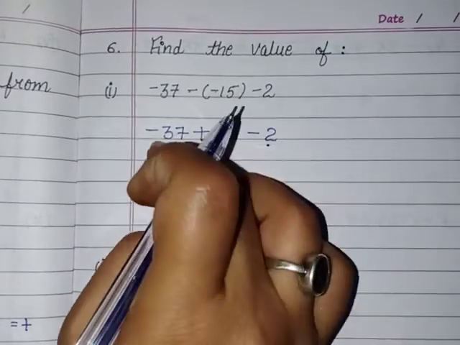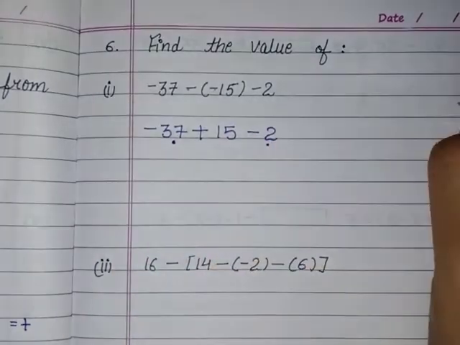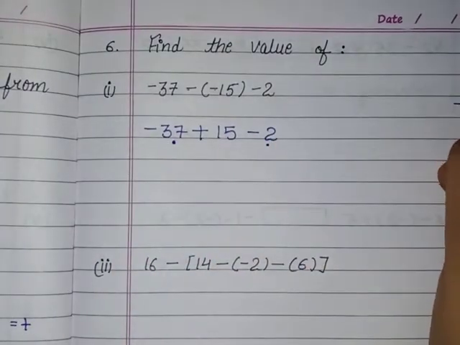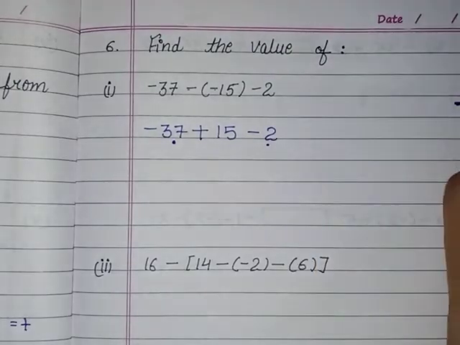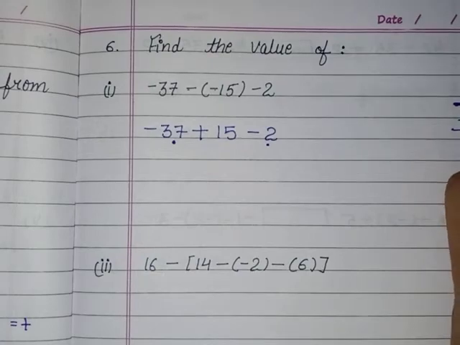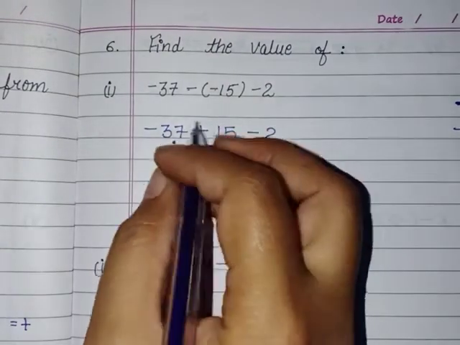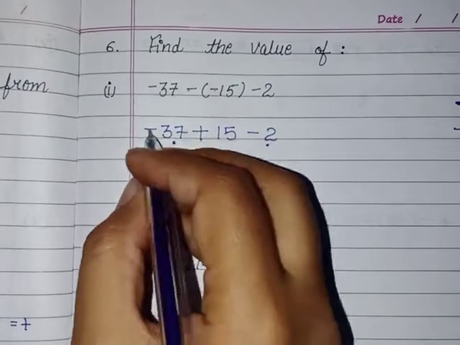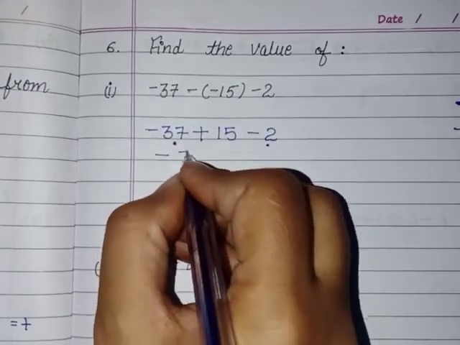This is minus, this is minus. So minus 37 and minus 2 are both of the same sign, so we will add them. We get 39, and the sign will be of the greater numeral, which is minus. So this is minus 39.